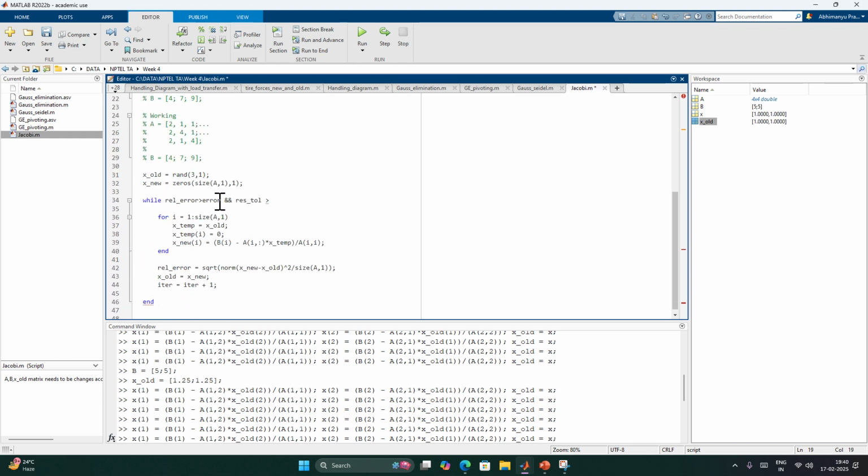So I will make this rel tol, and I will make this res tol, and this should be the error, right? So I'm calculating the relative error over here. I just need to calculate the absolute error also. And sorry, residual error also. So residual error.